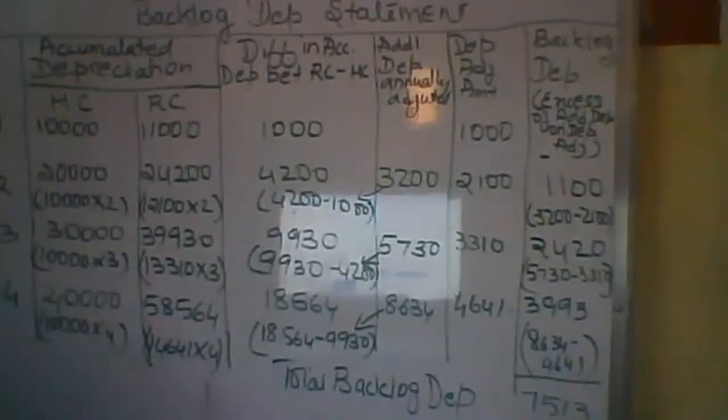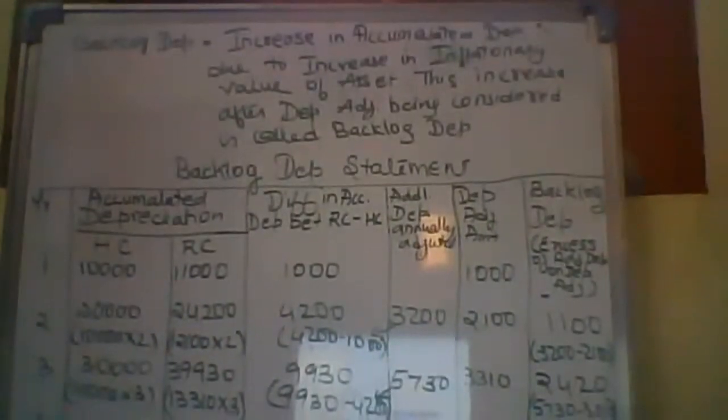Okay. Again I am explaining. What is backlog depreciation? Backlog depreciation means increase in the accumulated depreciation after making adjustments towards your depreciation adjustment amount already which you are adjusting.